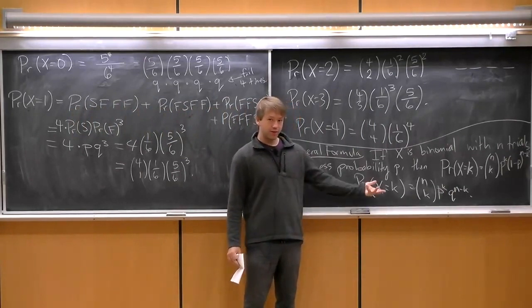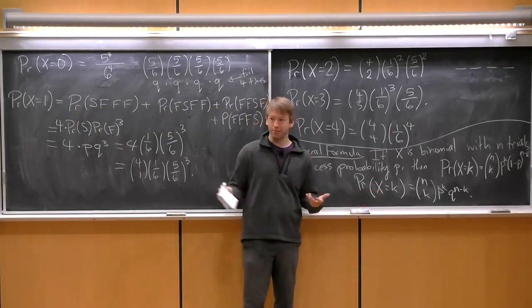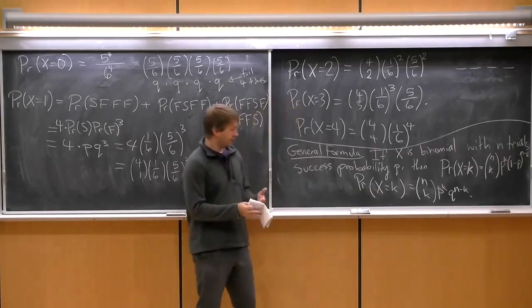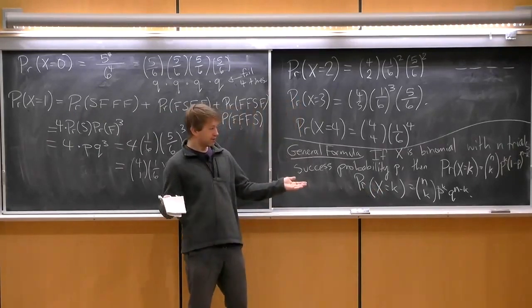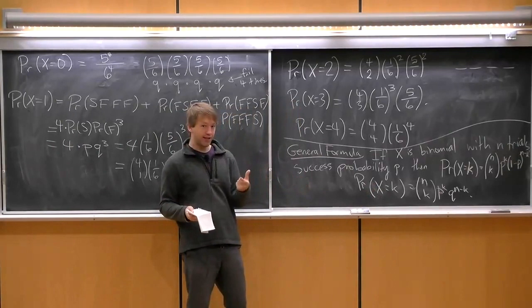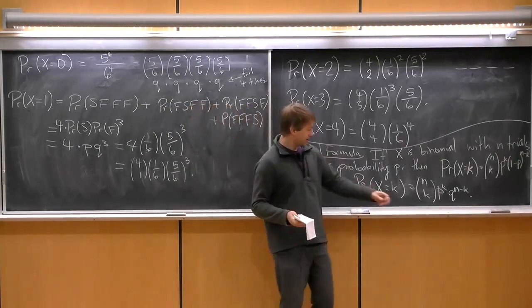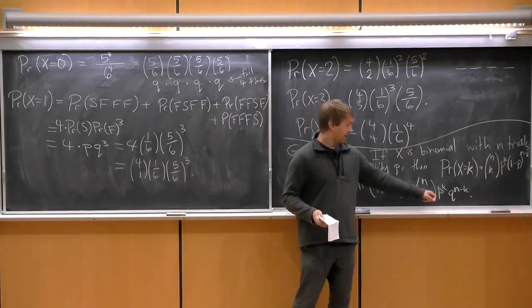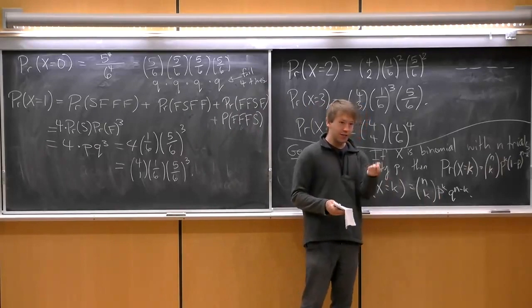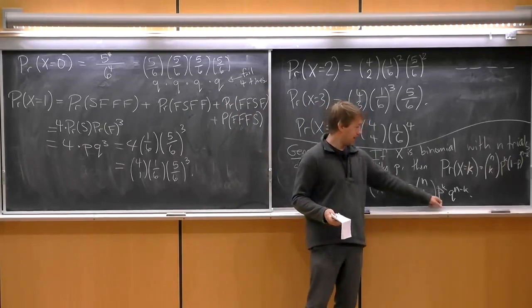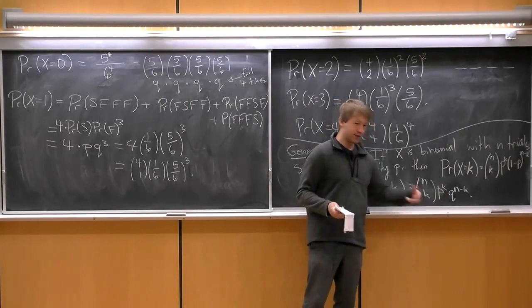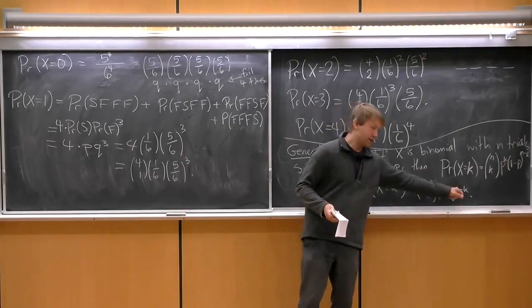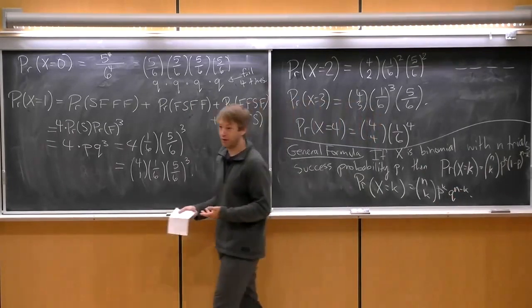And the way to prove this is exactly the same principle as this example. You've got n trials. We need to choose k of them to be successes, and there are n choose k ways to do that. And then the probability that each of those successes happens is p. So we've p to the k, because they're all independent. Then we've got q to the n minus k for all the failures.